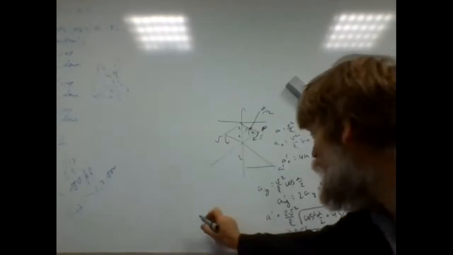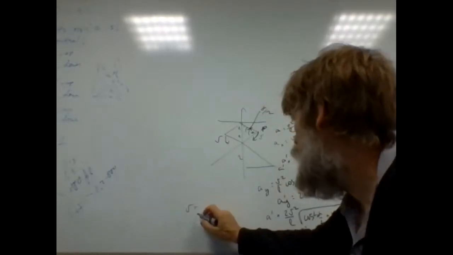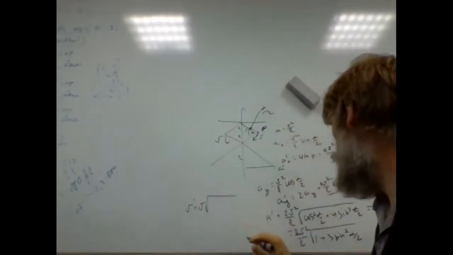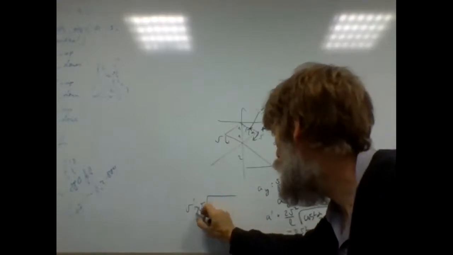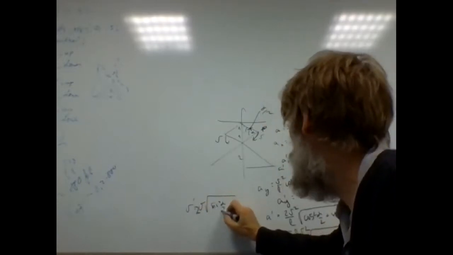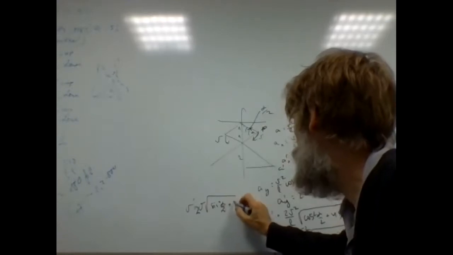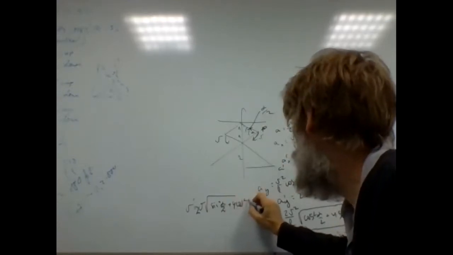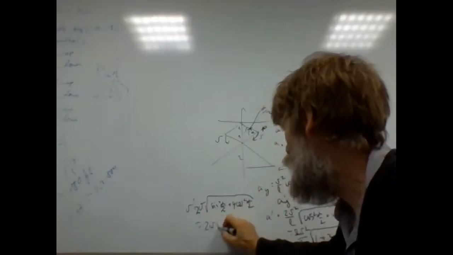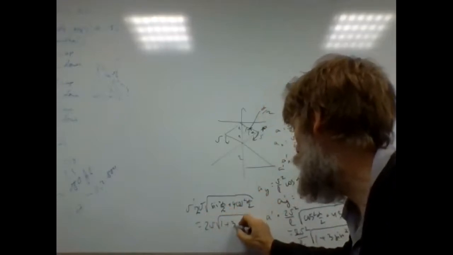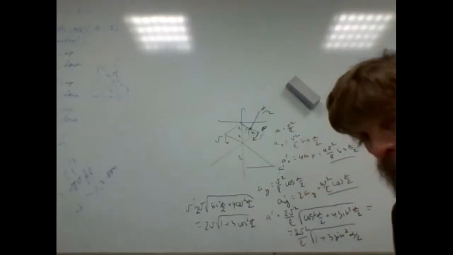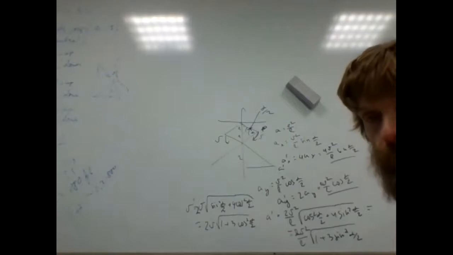So I can immediately write for v: v prime equals v times the square root of 2v square root of sine square alpha over 2 plus 4 times cosine square alpha over 2. And if we like, we can take it like 1 plus 3 cosine square alpha over 2.